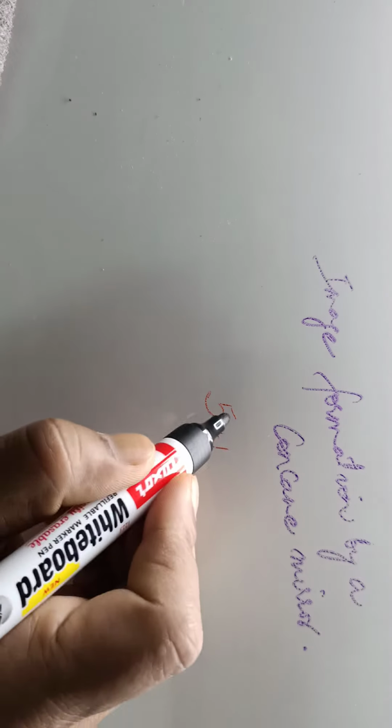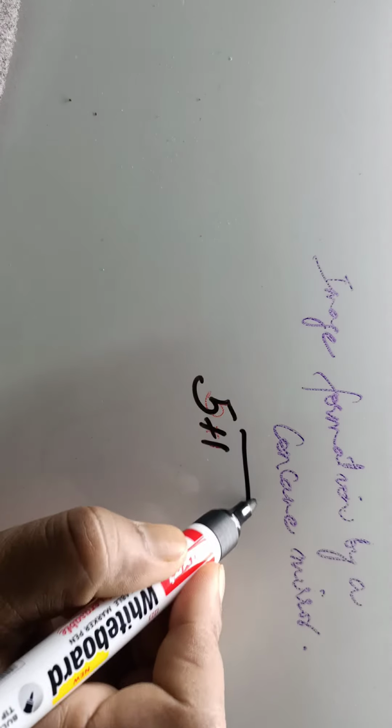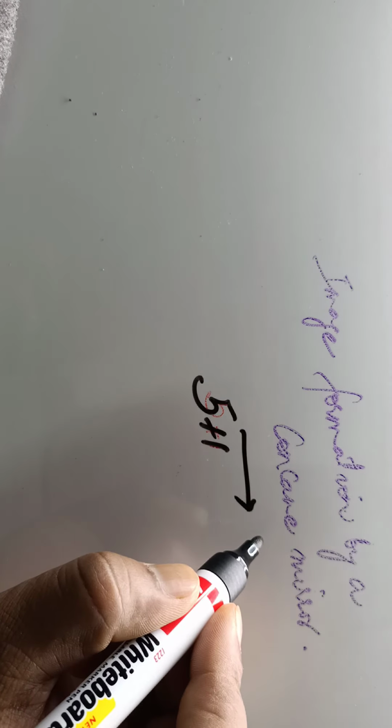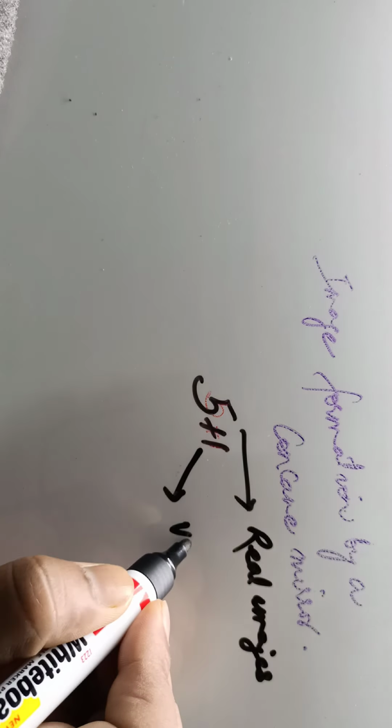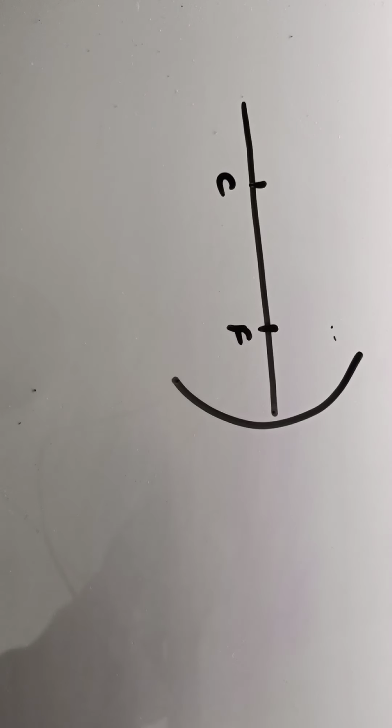It means these 5 are going to be real images, and this one is going to be a virtual image. Gradually you will be able to understand what it means by a real image and a virtual image.